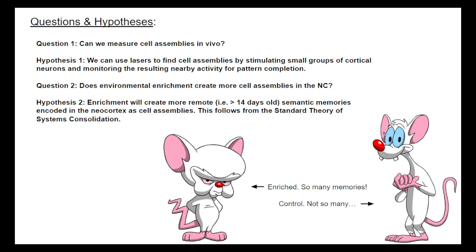And this just follows from what I explained, the standard theory of system consolidation of memory from the hippocampus initially into the neocortex ultimately. So if we can do question 1, if we can measure these cell assemblies in vivo, it follows from standard theory of system consolidation that enrichment should create a bunch of these cell assemblies in the neocortex relative to control mice. So that's Pinky here, who's a little dumb.